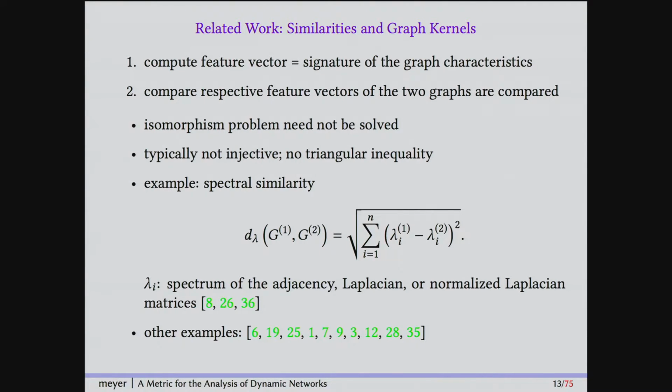One example is where you compute for your graph some eigenvalues, some spectrum that reveals structure about connectivity, for instance the presence or lack thereof of communities in your graph. And then you just compare the spectra. That's a very reasonable thing to do. The problem is that most of those techniques, most of those similarities, are actually not true distances.